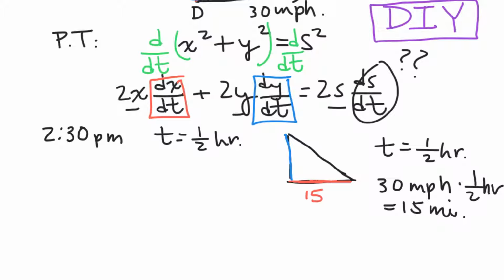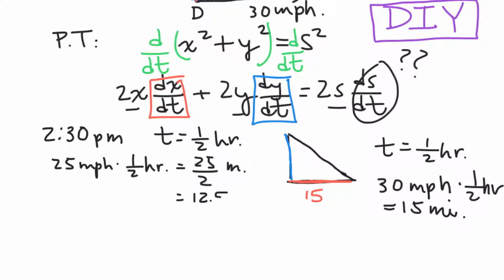Well, she's going 25 miles an hour. So 25 miles per hour times 1/2 hour is going to be 25 halves miles, or 12.5 miles. So this is 12.5.